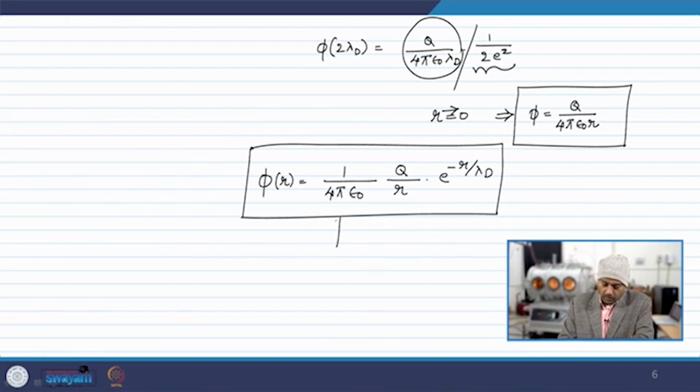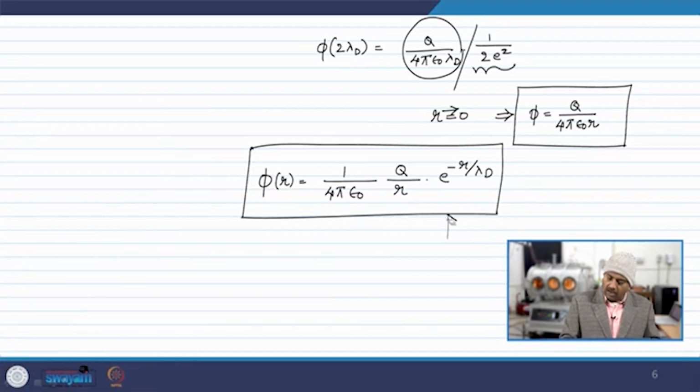This is the constant b, right, and we got this by assuming that when r tends to 0, the potential will be Coulombic in nature. Coulombic potential has 1 by r dependence. And how did we get this e to the power of minus r by lambda d? We got this basically from the solution of the differential equation itself, nothing else. The solution of the differential equation had this term e to the power of minus r by lambda d, right. So now we know how we got these terms, right.